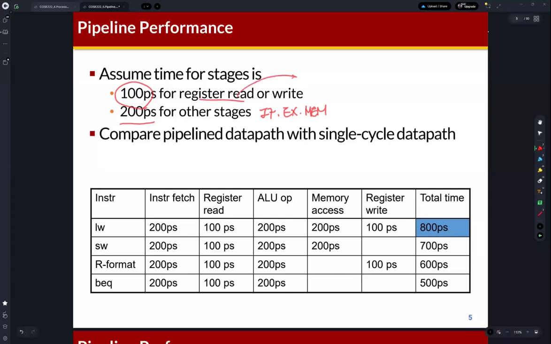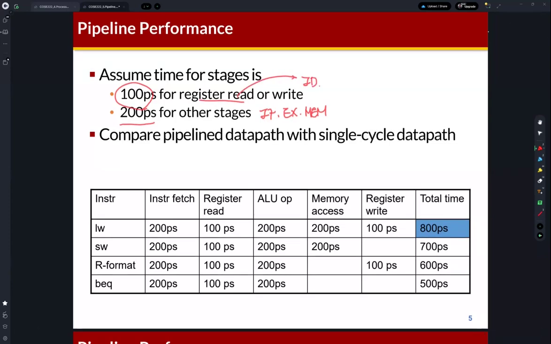Register read is performed in instruction decoding, and register write is done in the write back stage. Okay, so this is the assumption, and then let's compare the required delays.